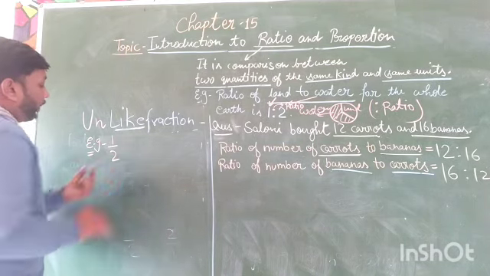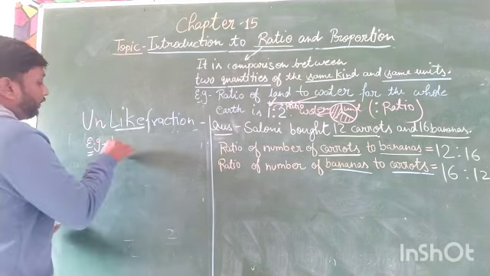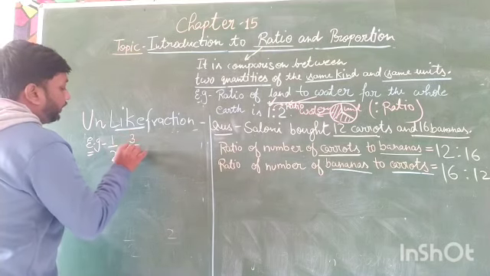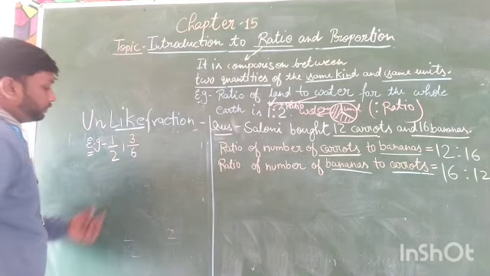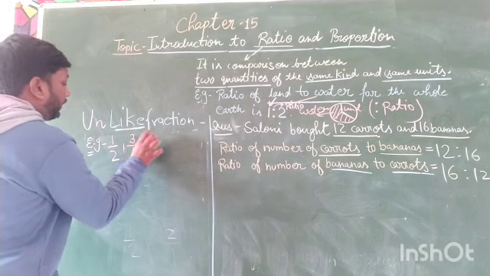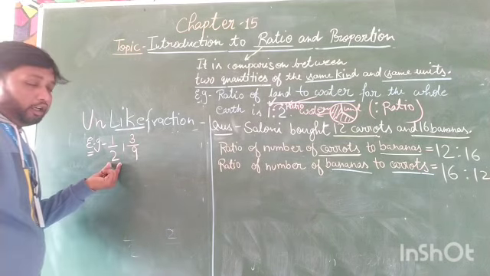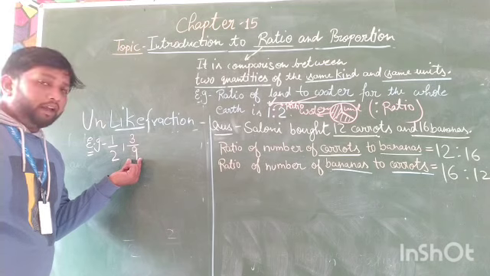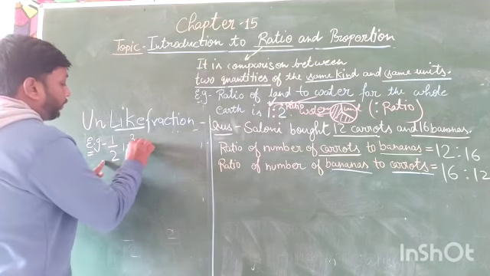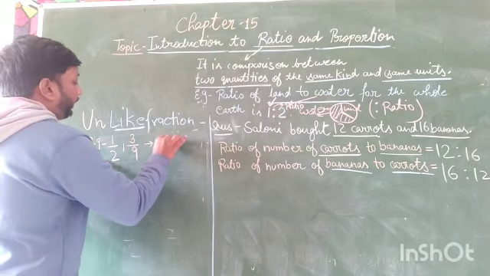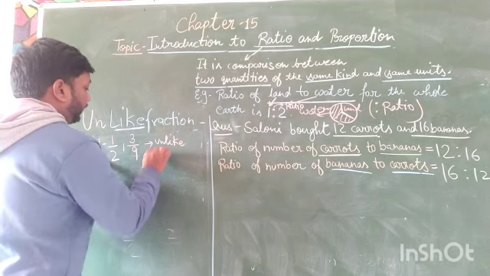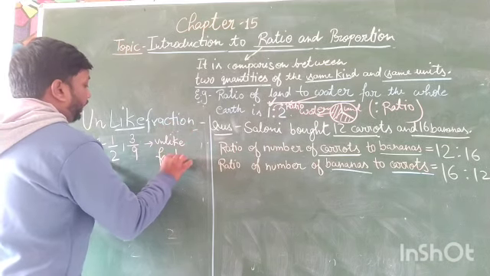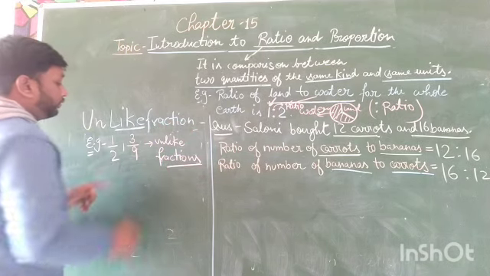If my first fraction is 1 by 2, then the second fraction we write is 3 upon 6 or 3 upon 9. The denominator of the first fraction is 2 and the denominator of the second fraction is different. So these two fractions are unlike fractions.